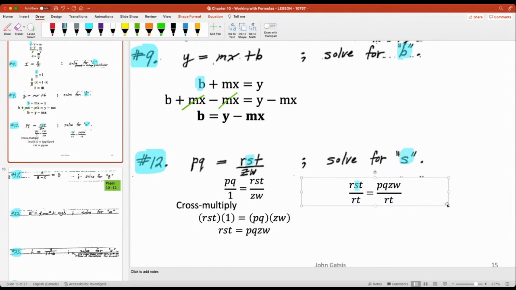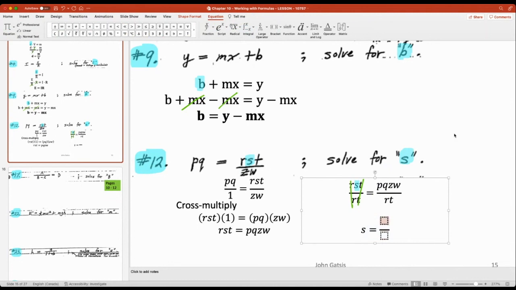And at this point, you cross out the RTs and you essentially have the correct answer. So the RTs will cancel. And then you have the answer here, which is S equals that.